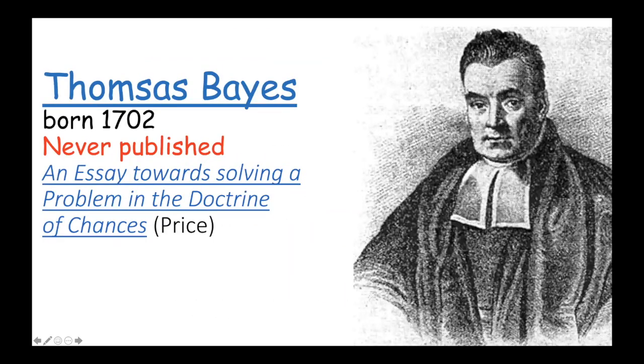And here he is. He was born over 300 years ago, and he never published. He was a clergyman who was a statistician, mathematician as a hobby. And he never published. When he died, a guy named Price went through his papers and found that he had written an unpublished essay towards solving a problem of the doctrine of chances.